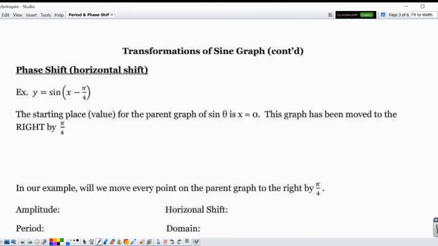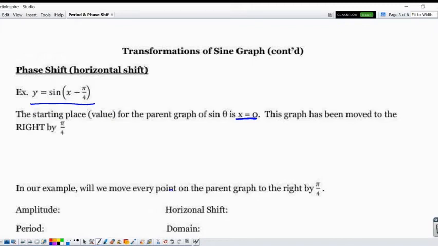Next is going to be our phase shift, which is just another way of saying horizontal shift. So if you hear phase shift, we're just talking about moving it left and right. So we're going to graph this example, sine parentheses x minus pi over 4. We know that's an x transformation. It's grouped with x. And typically when we graph a sine function, we start at x equals 0, right there at the midline.